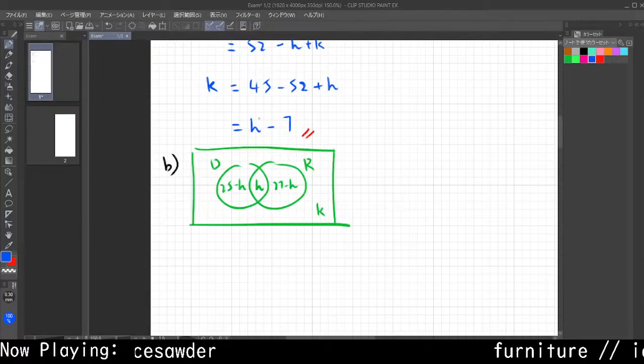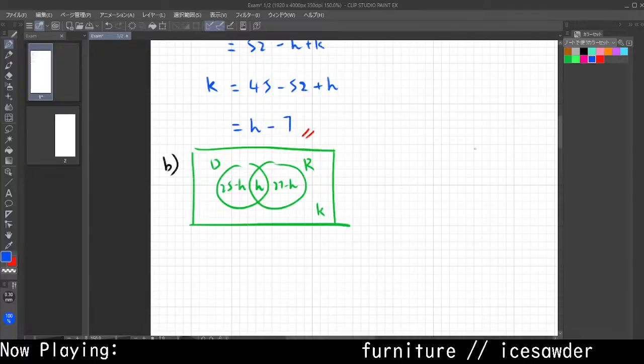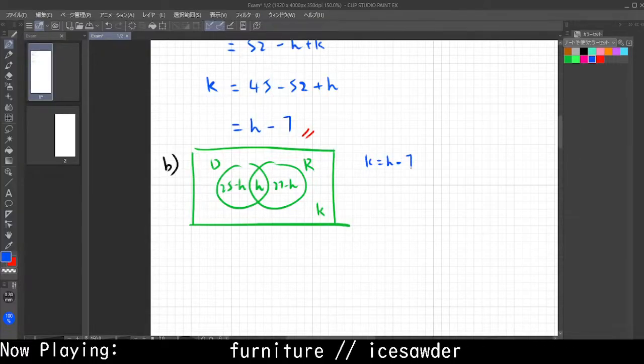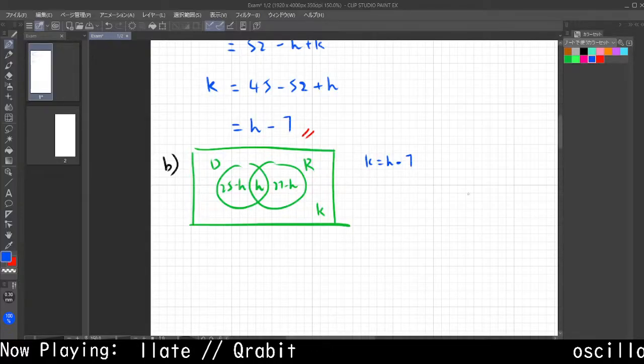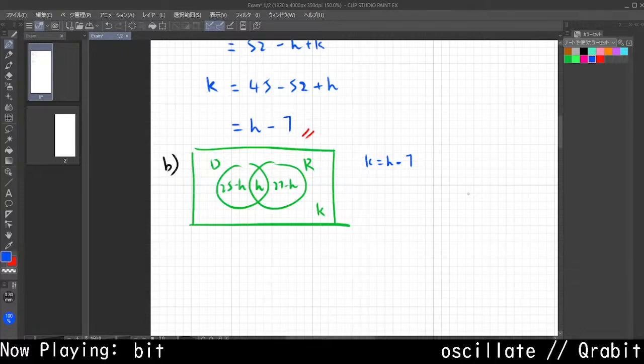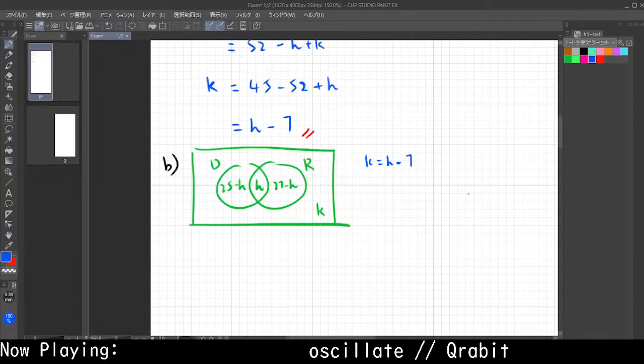If you look at the equation k equals h minus 7 that we have from before, to make k the smallest, it's according to the equation itself.